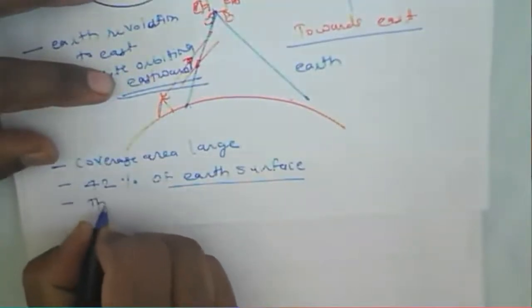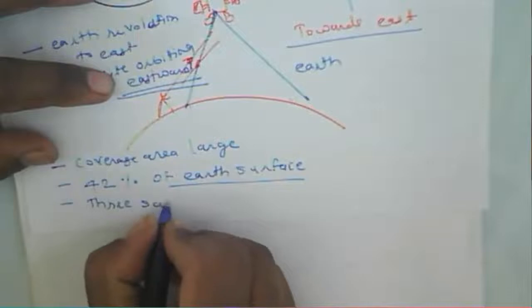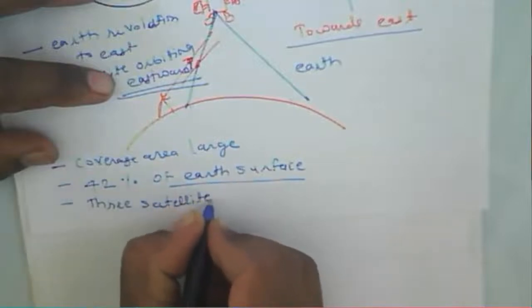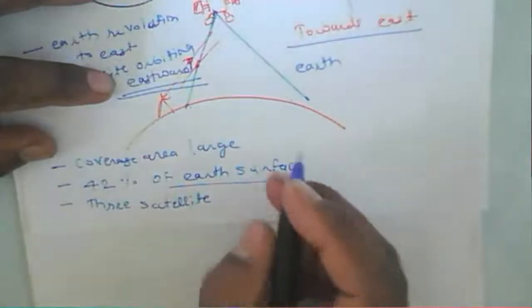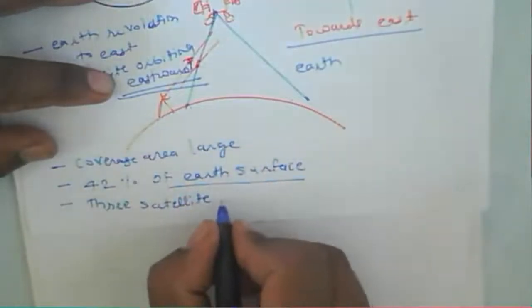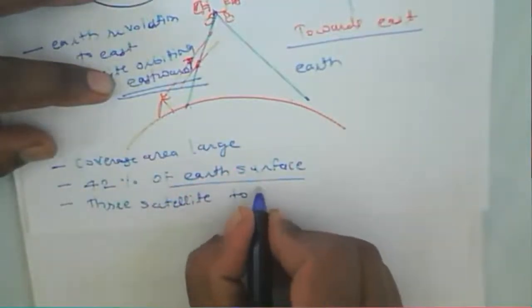To cover the whole earth, it requires only three satellites.